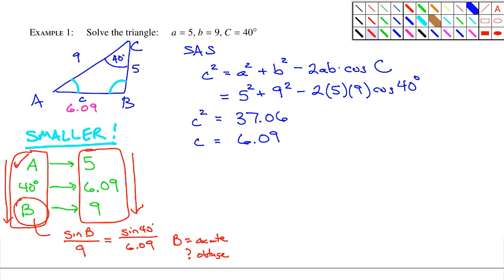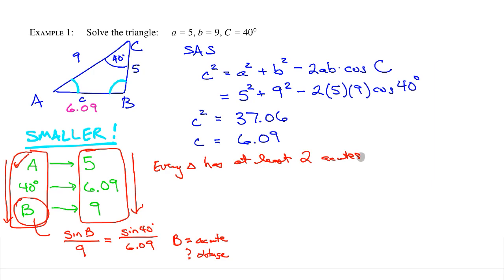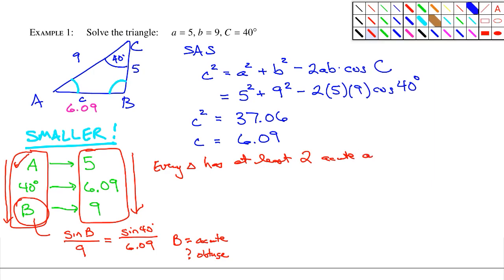We know that every triangle has at least 2 acute angles. That is always true, even if it's a right triangle. A right triangle would have a 90-degree angle and then 2 other acute angles.